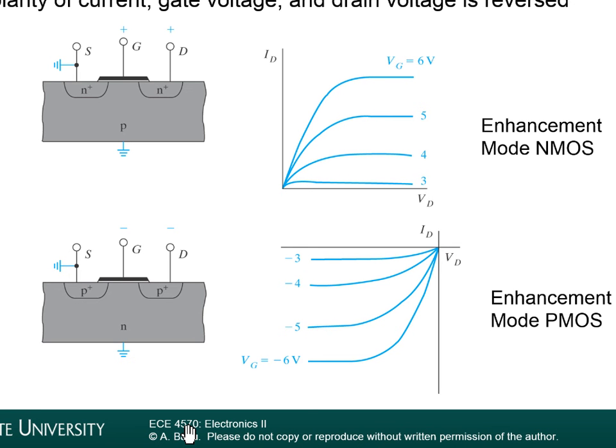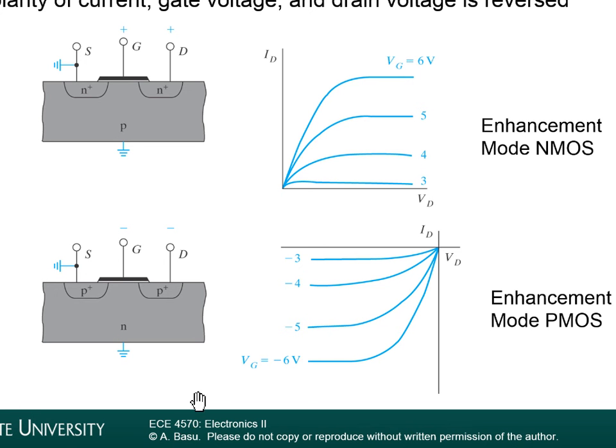Go through and understand the physics of the PMOS device on your own. The electric field is pointed up instead of down. You attract minority holes to the channel region rather than minority electrons. It's exactly the inverse of the NMOS device, but do understand the physics of that.